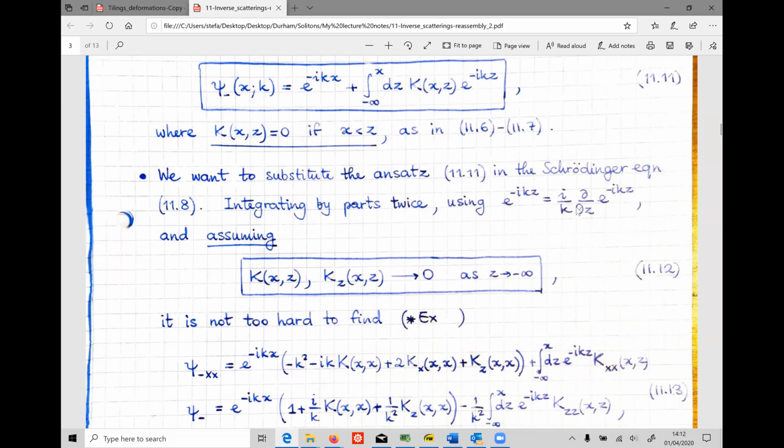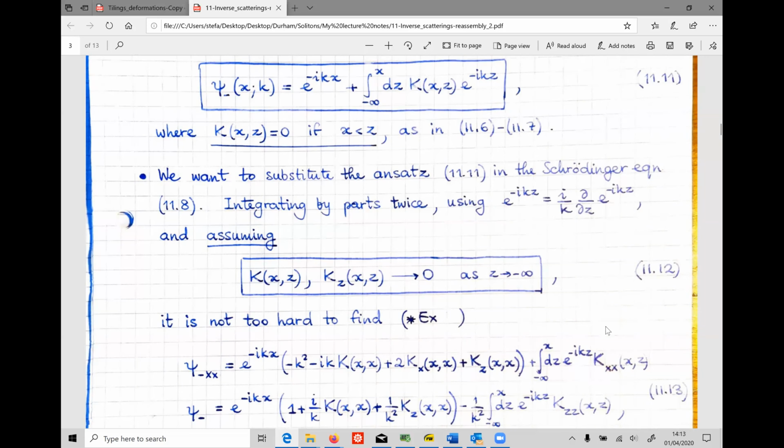And then you can integrate by parts to move the derivatives to act on the integral kernel K. In doing that, you would generate some boundary terms, but we are going to assume some boundary conditions for the integral kernel K. So we assume that K and its z derivative tend to 0 as z goes to minus infinity.